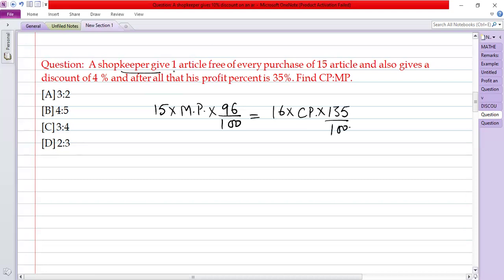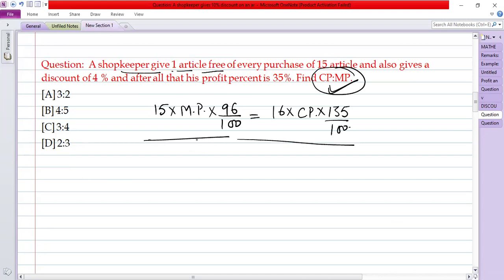This whole question in a single equation, the so-called smart way, will be nothing but this. And from here, we can directly calculate the ratio CP to MP.